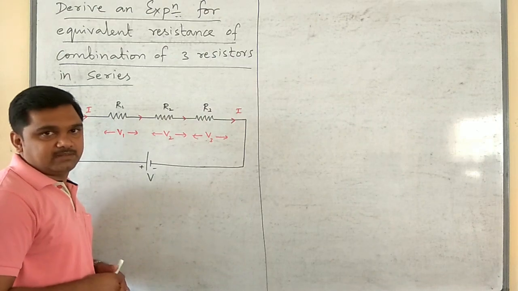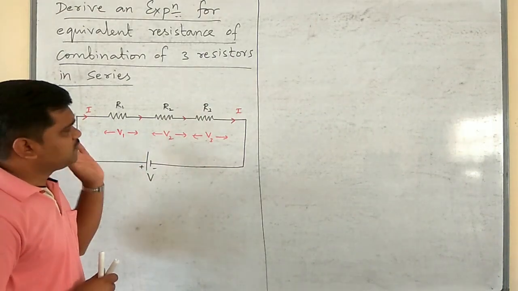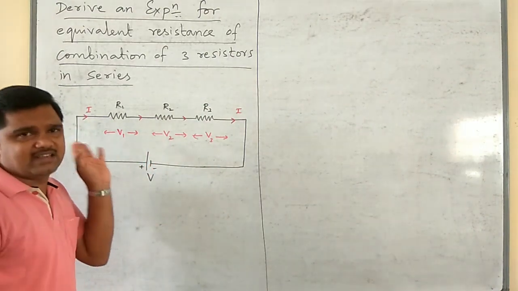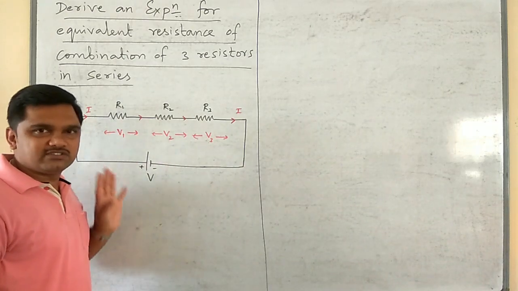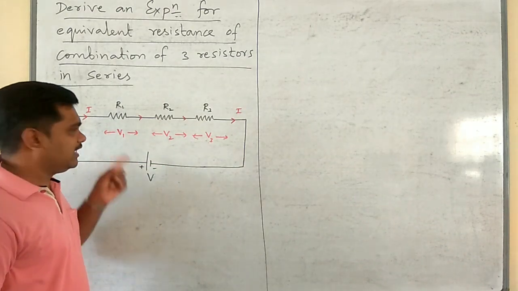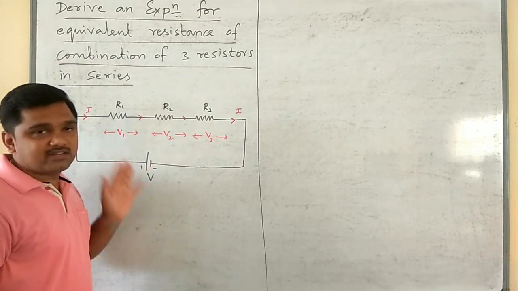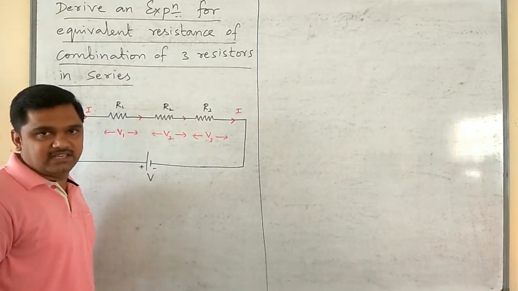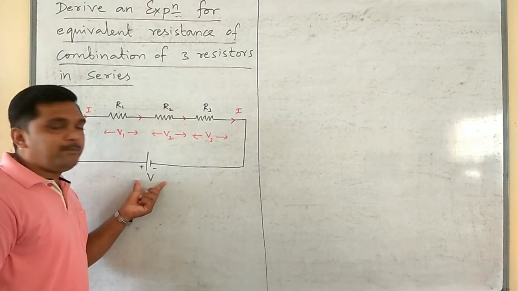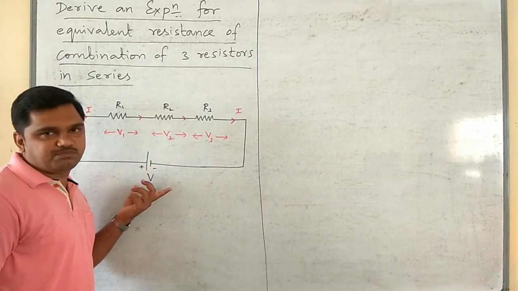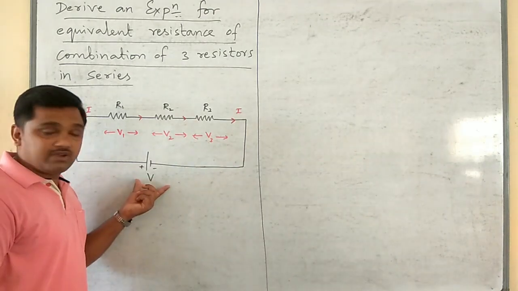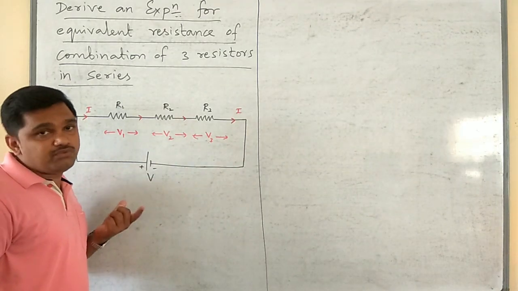Now here there is no need to write the sentences; if you write, it is good, but it is not required here. Let us consider 3 resistors R1, R2 and R3 which are connected in series with a battery, or simply a source of potential difference, which can give us a potential difference of V volt.